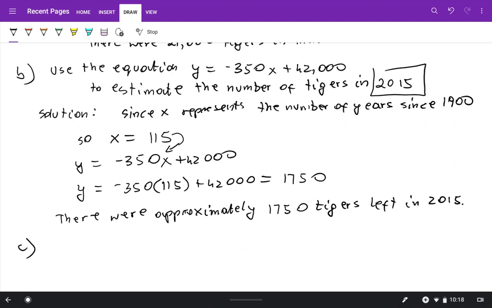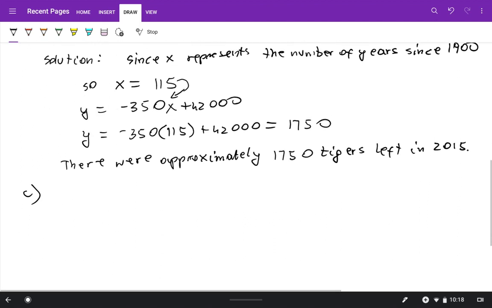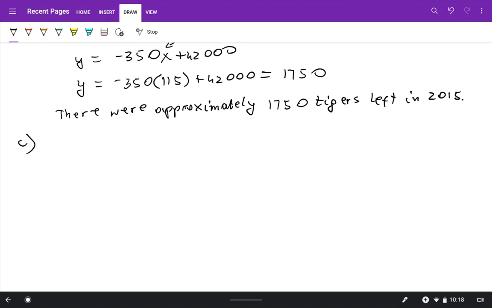So C, okay, in part C, you have to find the slope of the line. So find the slope of the line and interpret the meaning of the slope.